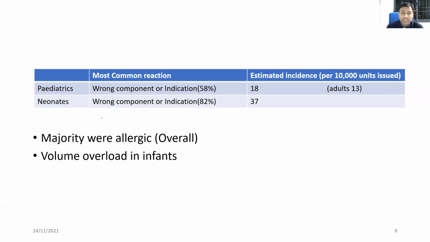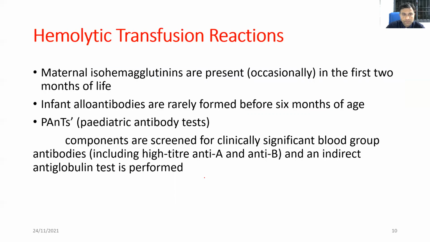And in neonates especially, the wrong component transfused or a wrong indication was the most common, which was around 82%, and it was noted in 37 incidents per 10,000 units transfused. Majority were allergic, and also volume overload was common in infants.